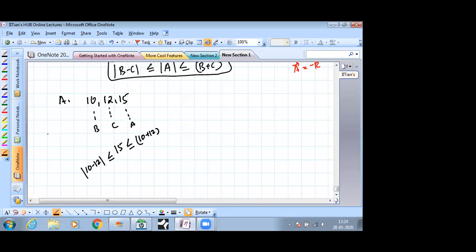It's fine. For example, if you take this option, 8, 6, 5, then also you can see it's fine. This is A, B, C, for example. You can see 8 is less than or equal to 6 plus 5, but greater than or equal to 6 minus 5. This is also correct.